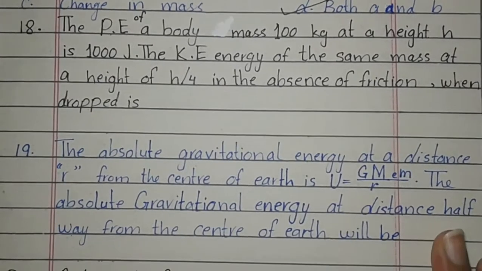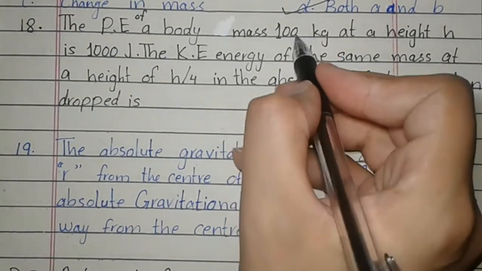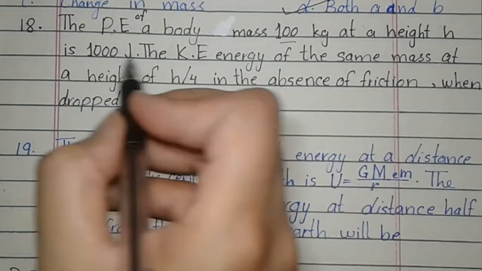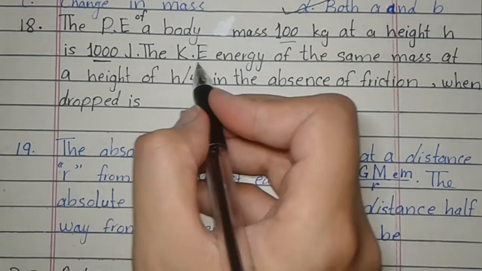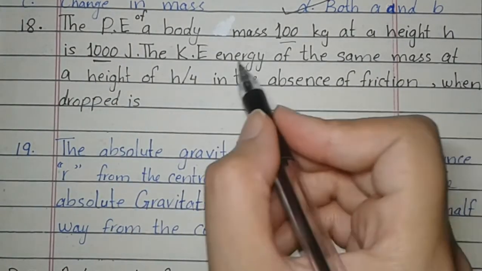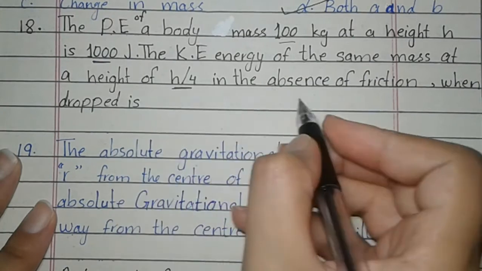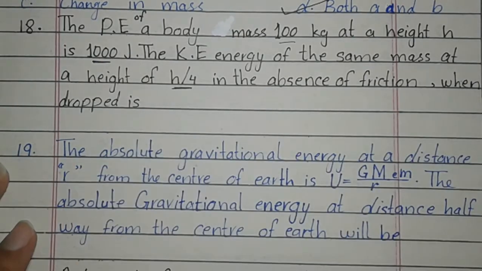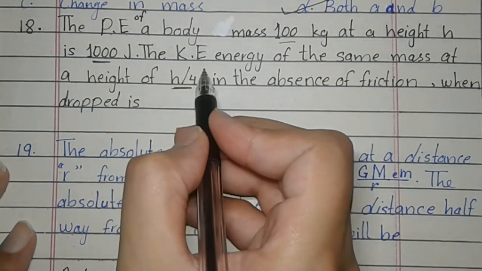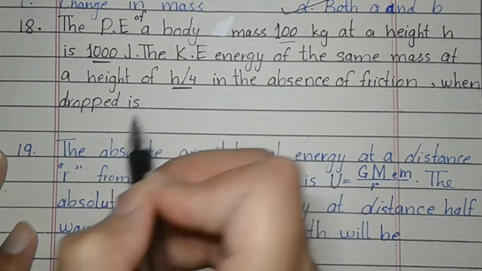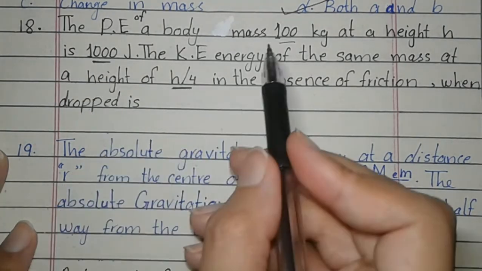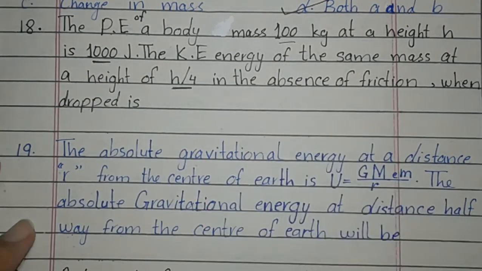Next one. The potential energy of a body of mass 100 gram at a height h is 1000 joule. The kinetic energy of the same mass at a height h by 4 in the absence of friction when dropped is. Now we have to find the kinetic energy at a height of h divided by 4, and the potential energy and the mass is given. Now let's find it.